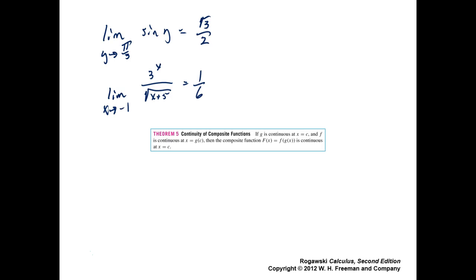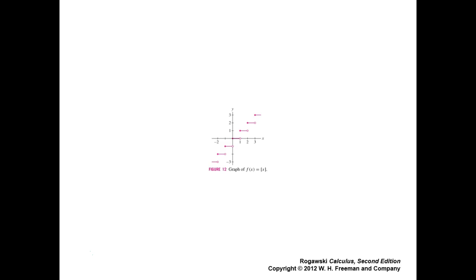Now, for some reason, just about every math book loves the greatest integer function. And I guess there's a reason for them to love it. I haven't figured out what it is yet. But here is what the greatest integer function is. This is a graph of it.